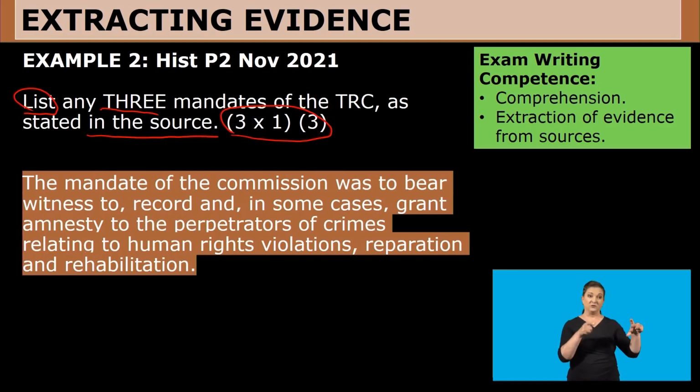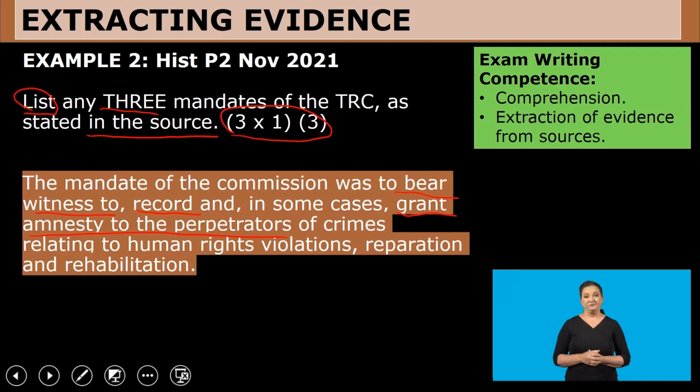So the source reads, the mandate of the commission was to bear witness to, record, and in some cases grant amnesty. So you can see bear witness, record, and then in some cases grant amnesty to the perpetrators of crimes relating to human rights violations, reparation, and rehabilitation.